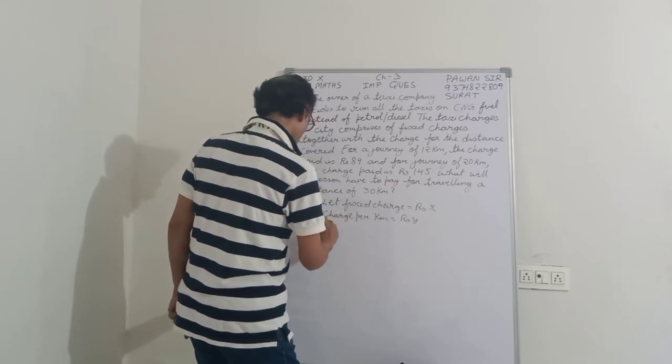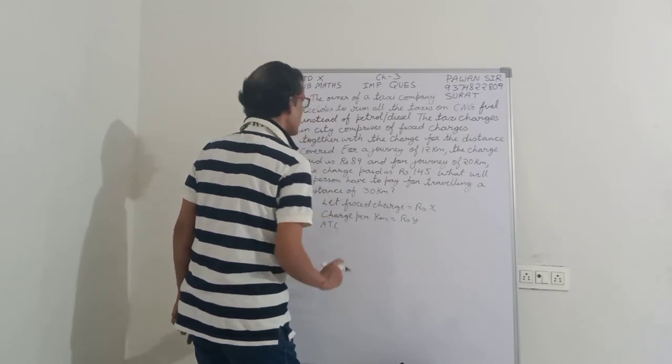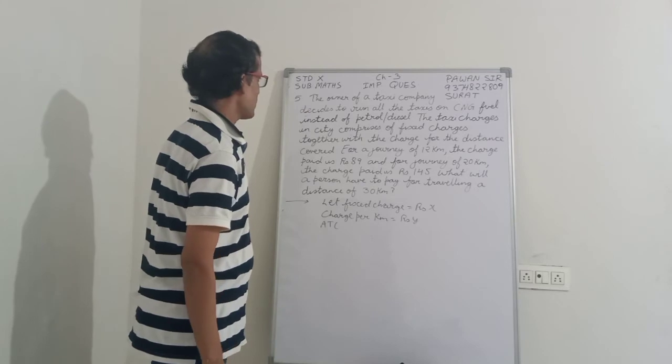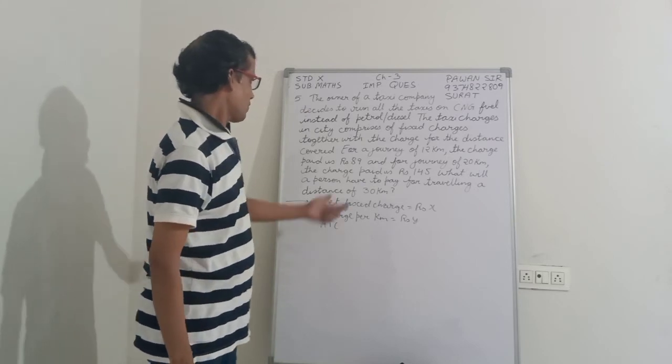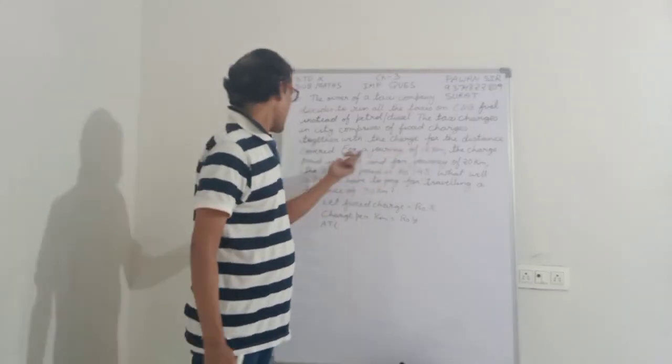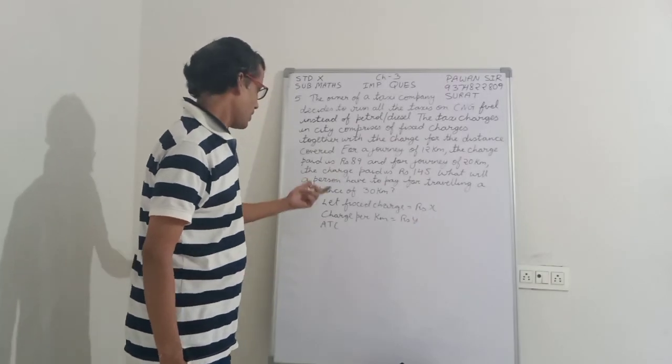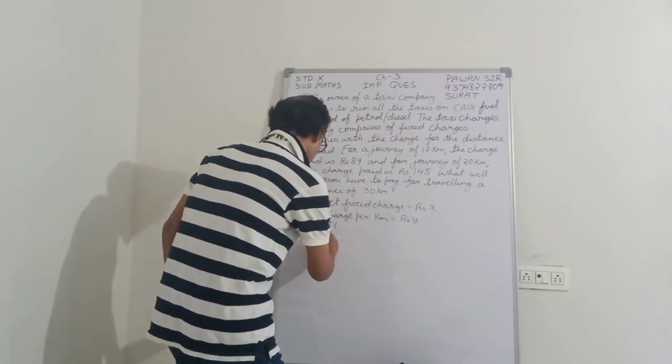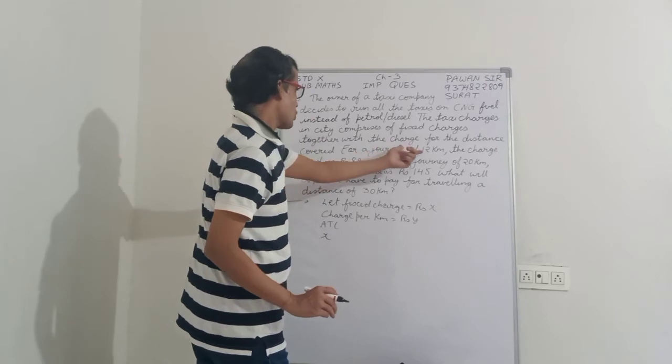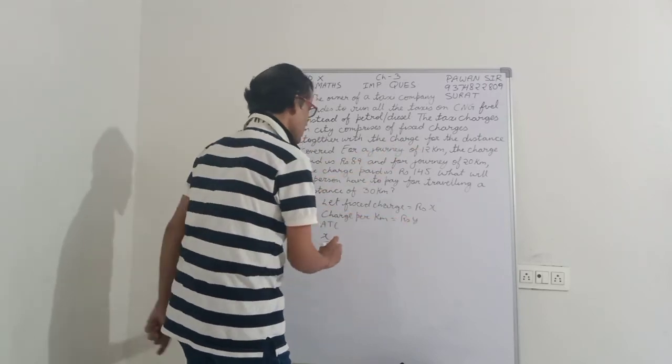Therefore, according to the condition, see, for a journey of 12 km the charge paid is rupees 89. It means the fixed charge is x, and the charge for 12 km, charge per kilometer is y.